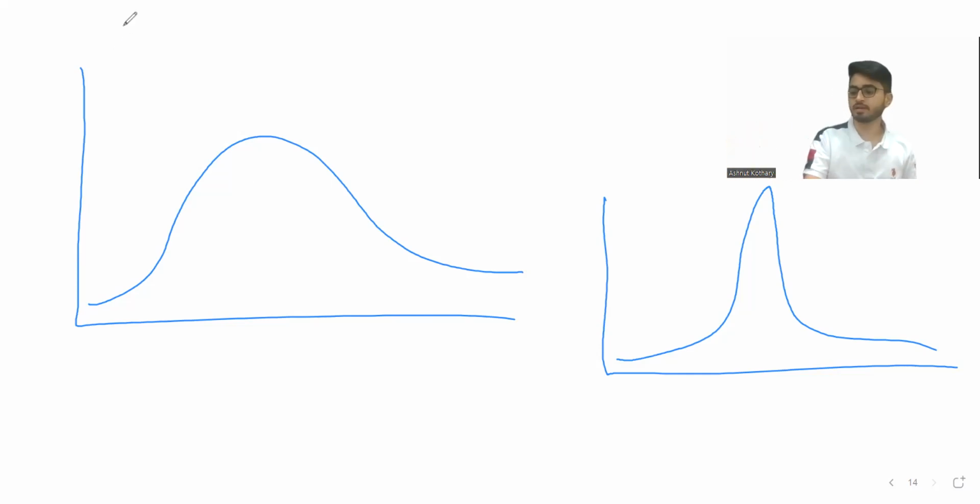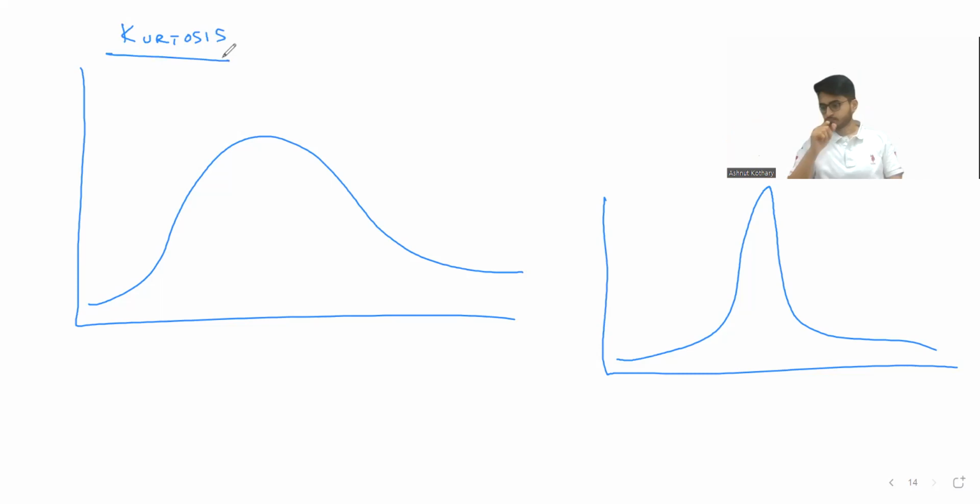You can just give the heading kurtosis, and mention that kurtosis gives us a measure of the thickness of the peak or the thickness of the tails.